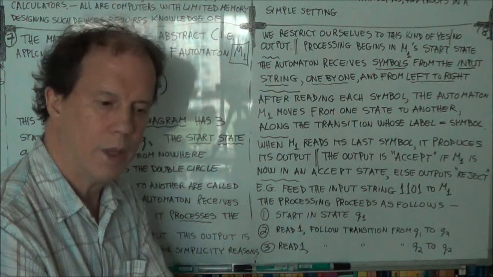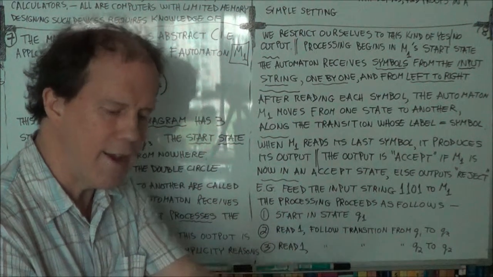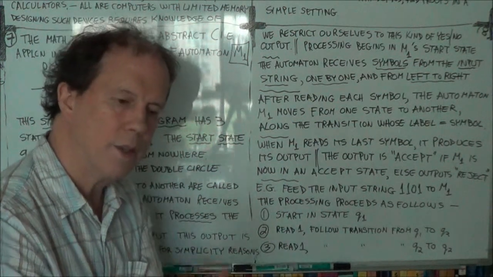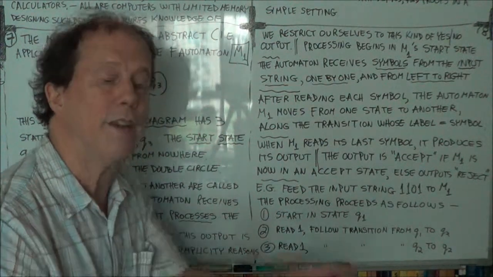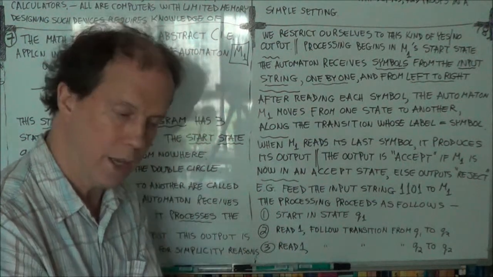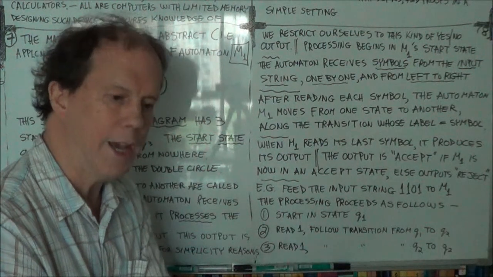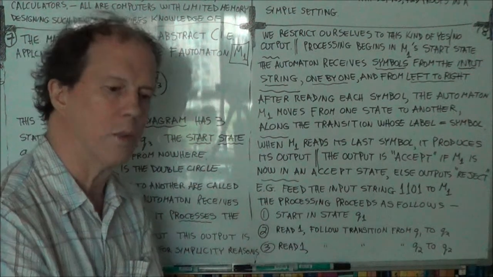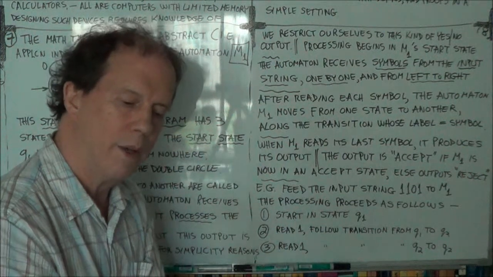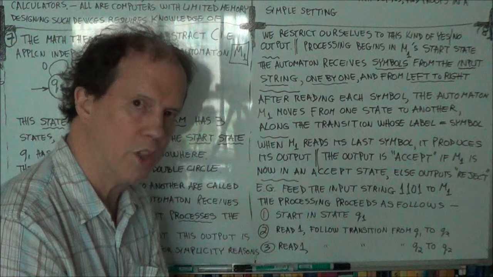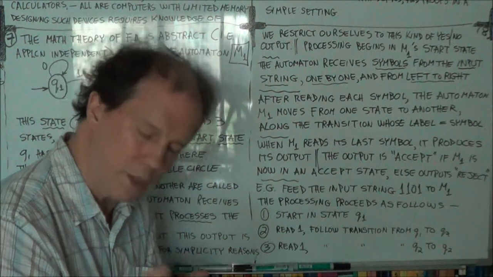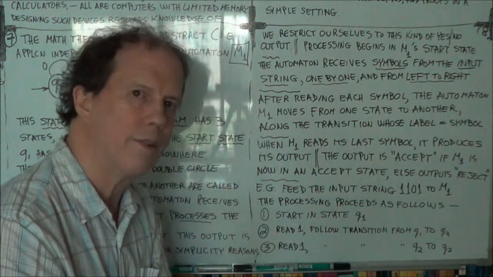So it rejects every member of that set. So you have two sets, two languages. Whatever language A is, this automaton will accept it, and whatever language B is, the automaton will reject it, because it rejects every member of that set.